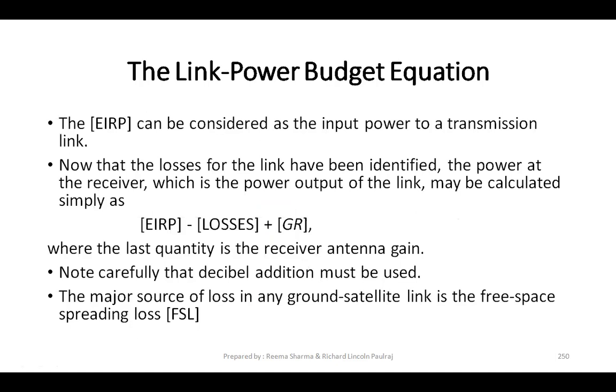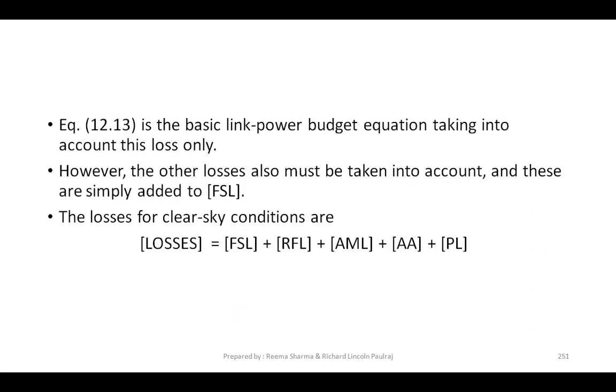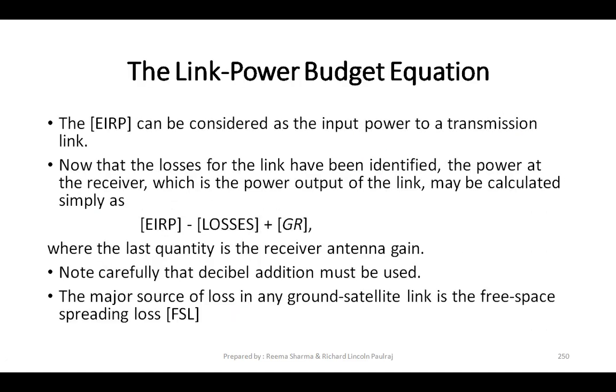Now we will be looking at something called the link power budget equation, wherein we will be seeing a few formulas. As we already know what EIRP is, we will now calculate the types of losses, and GR is nothing but your gain of receiver. EIRP can be considered as the input power to a transmission link.